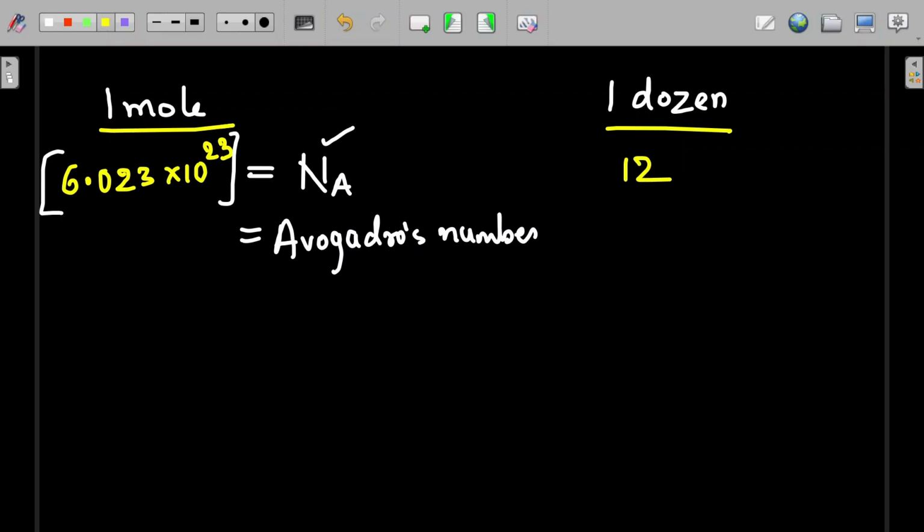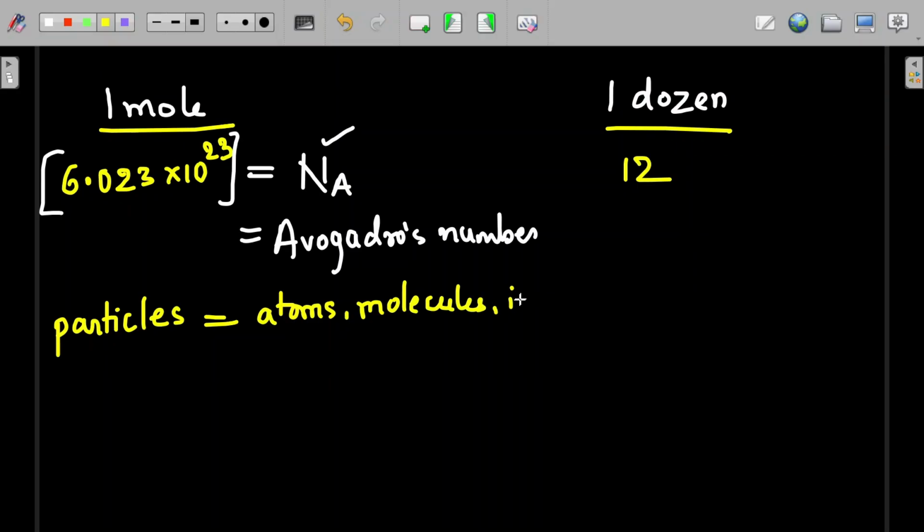Since this is so huge, we don't use it in our regular day-to-day life. We use it mainly to calculate the number of particles. So here particles means what? They may be number of atoms, molecules, ions, electrons, protons, neutrons, any small particles.